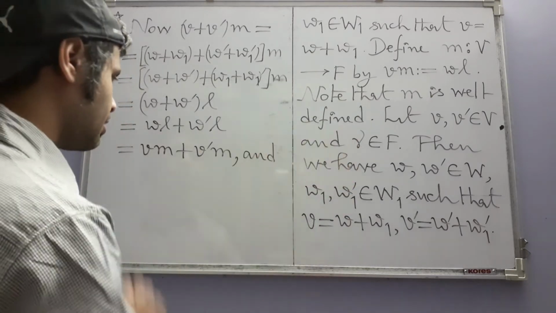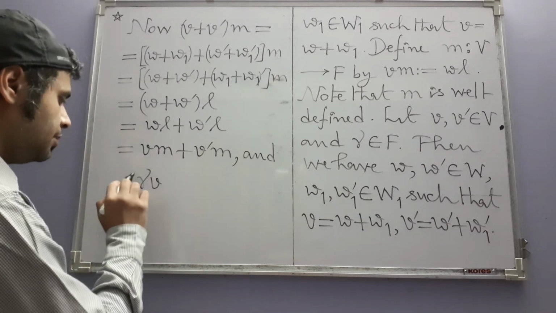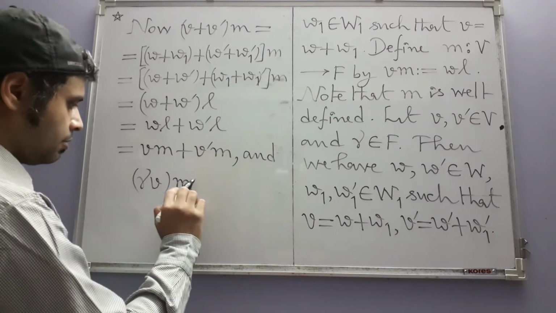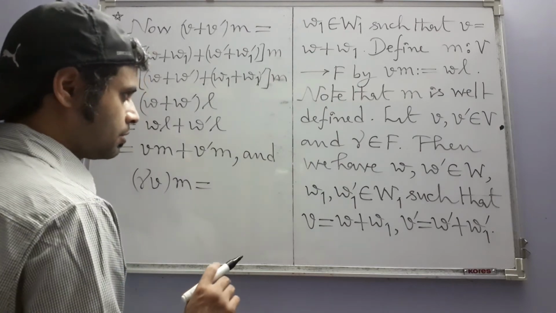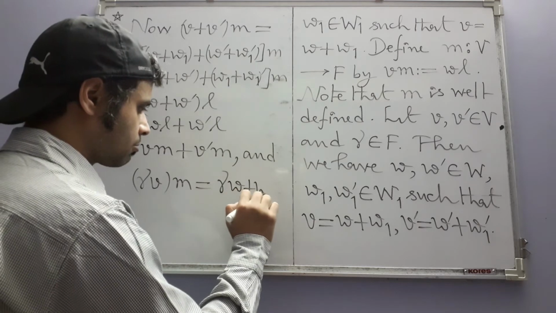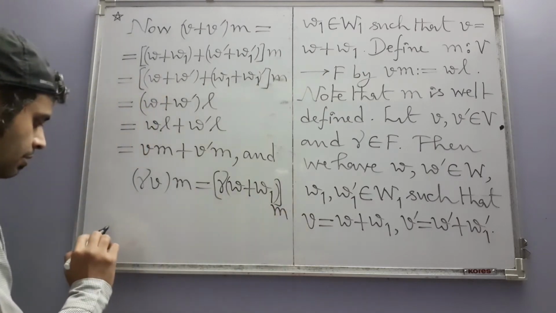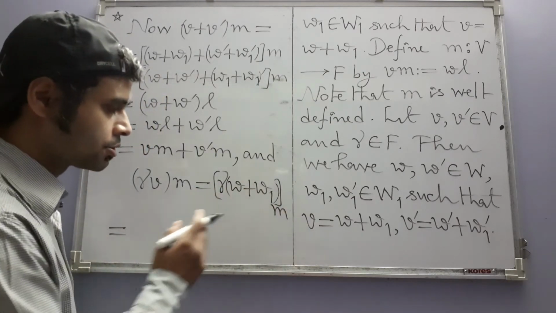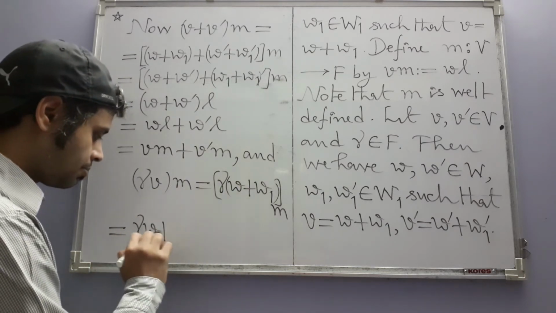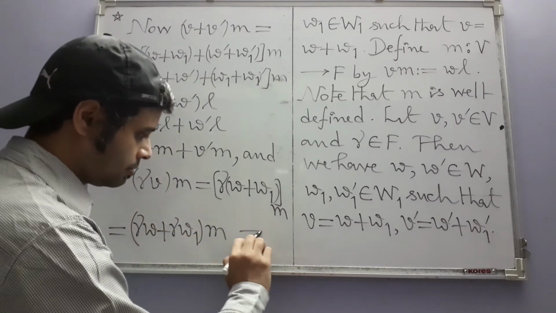That's why we have taken gamma, and gamma v M is equal to, of course we are going to use this, M, and that is equal to, now you use one of those vector space axioms and write this as gamma w plus gamma w1, its M image.